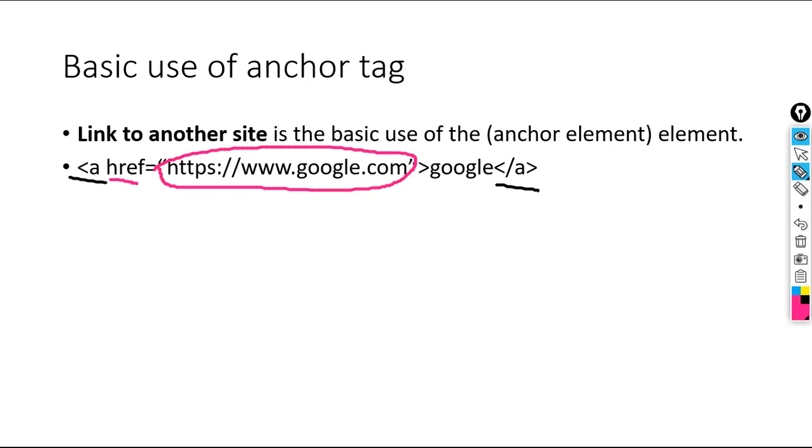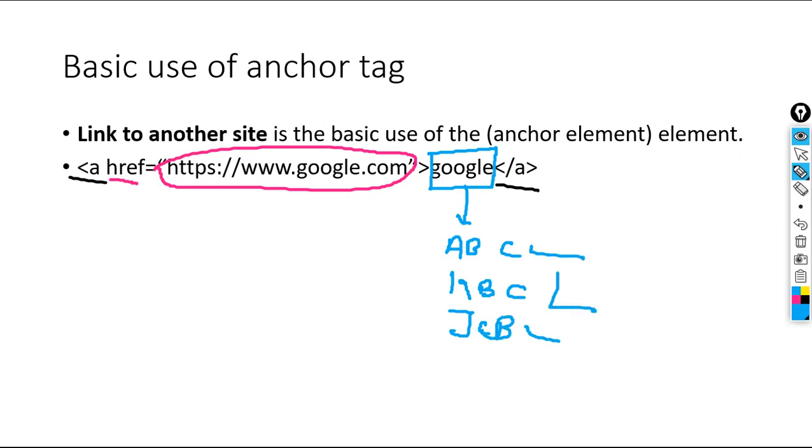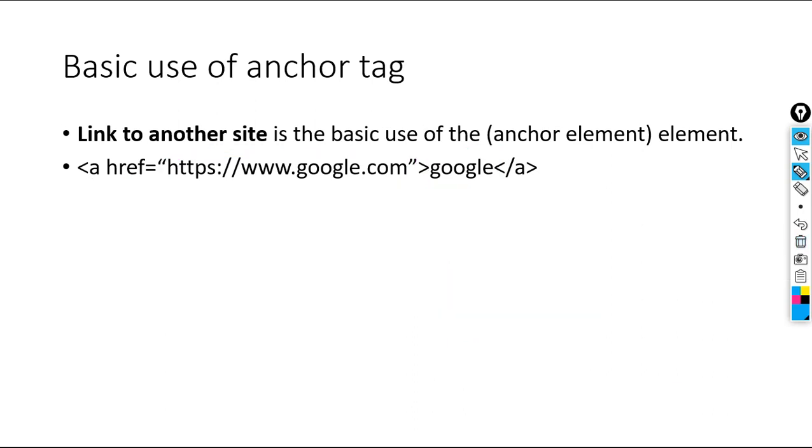In between the opening and closing anchor tag we have the link name. It can be anything. It can be ABC, KBC, or JCB. Anything you write as the link name is correct. Now let's move on.